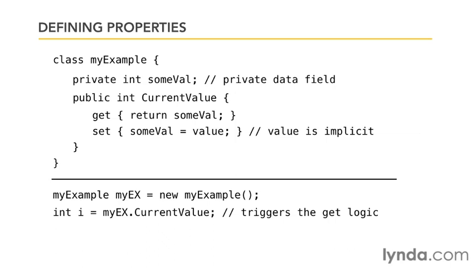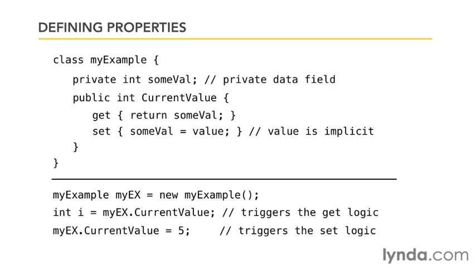It's just returning the value of that internal private variable. And if I wanted to set it, I would do this, myEx.CurrentValue equals 5, and that will trigger the set logic. And the value of that special value keyword there in the set logic would be set to an integer whose value is 5. And the C# language in .NET just takes care of all that for you. You don't have to declare some argument called value. It just magically shows up.